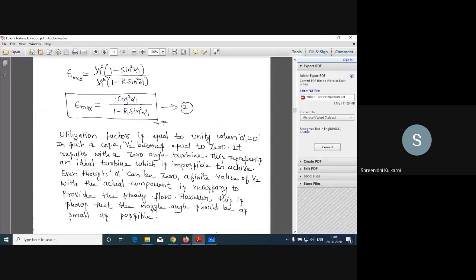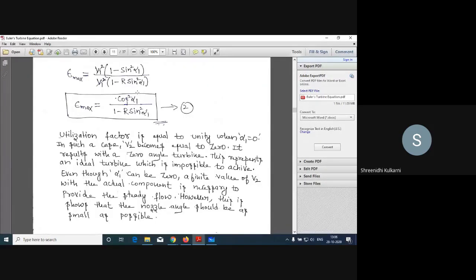In such a case, V2 becomes equal to 0, which is why V2 should be minimum. It results in a zero angle turbine, which represents an ideal turbine that is impossible to achieve.